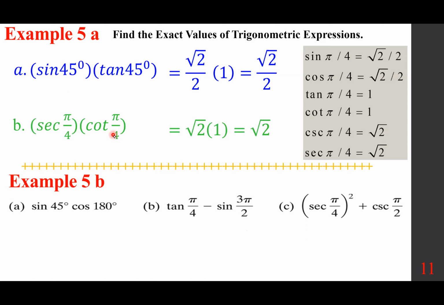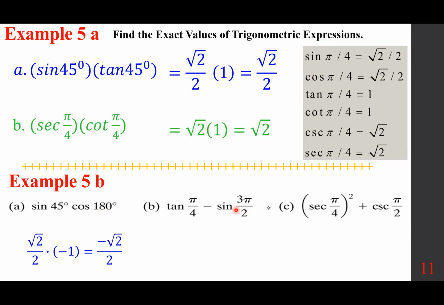All right. Again, we are looking at common arcs. We are supposed to know the values. So let's start with the first one. Sine of 45 is square root of 2 over 2. Cosine of 180, I hope you remember, was negative 1. So their product is the answer. Tan of pi over 4 is 1, minus sine of 3 pi over 2, which was negative 1.